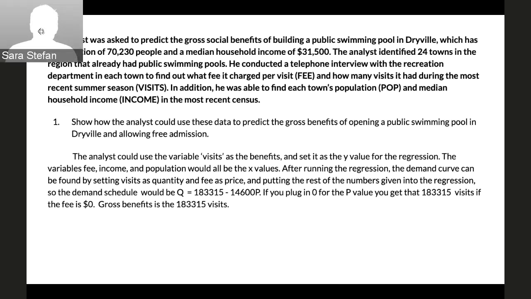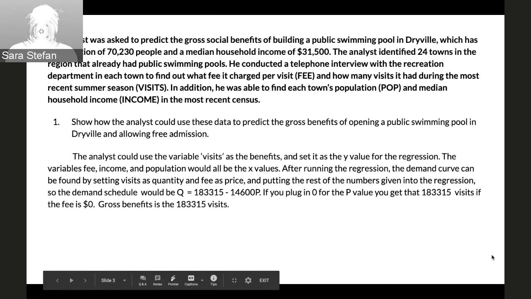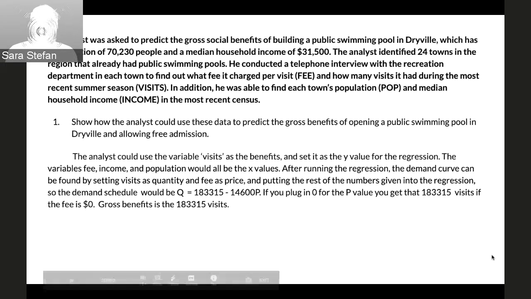Okay, so for the next problem, concerning the gross social benefits of building a swimming pool, we used the Excel sheet provided, which ran a regression on the table that was given, with the variable visits as the y value for the regression, and the variables fee, income, and population as the x values.